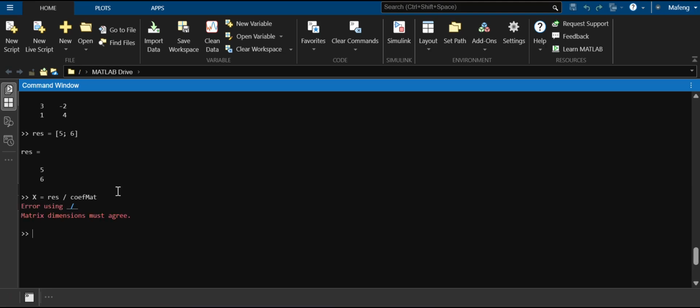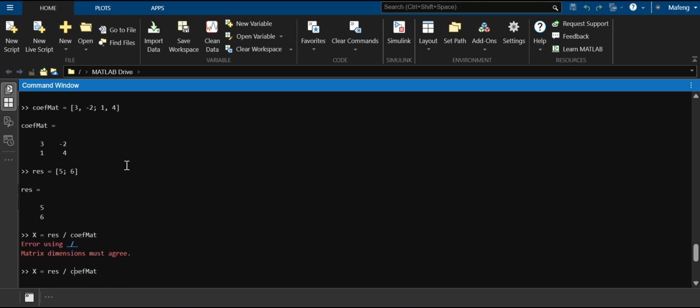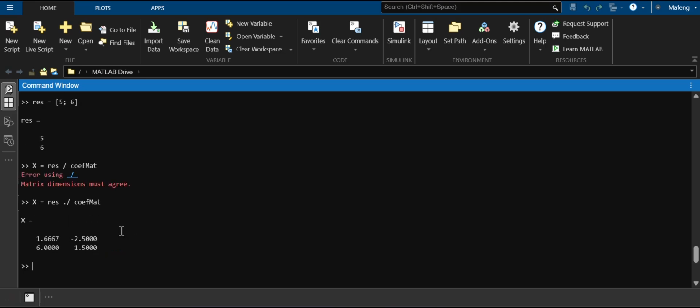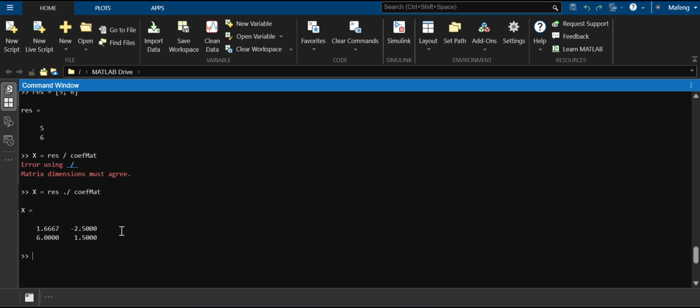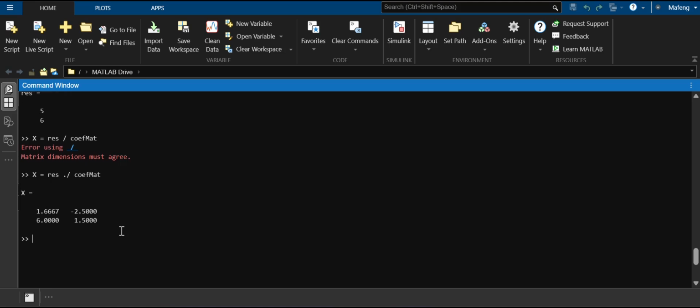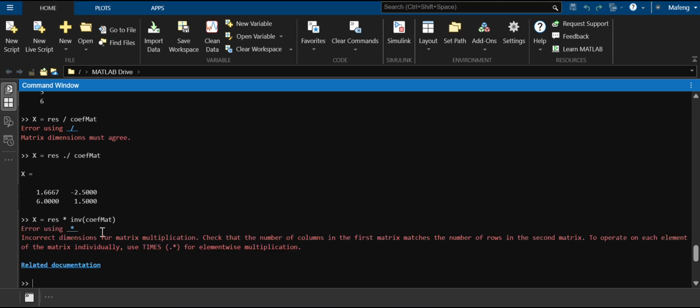And this is going to give an error: dimensions must agree. Number of columns must be equal to number of rows. What is the issue? Incorrect dimensions for matrix multiplication.